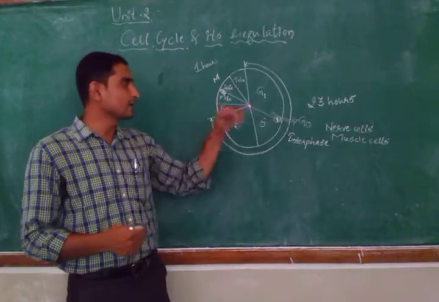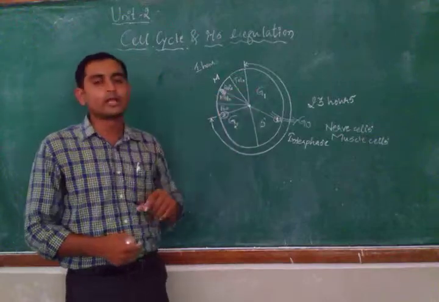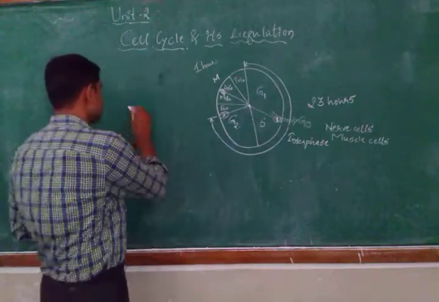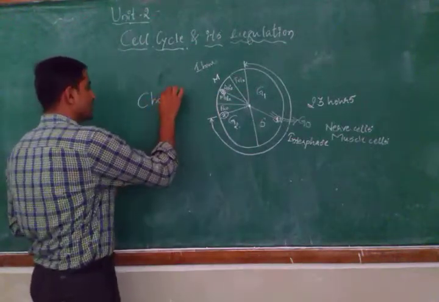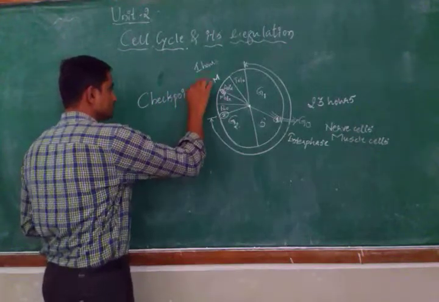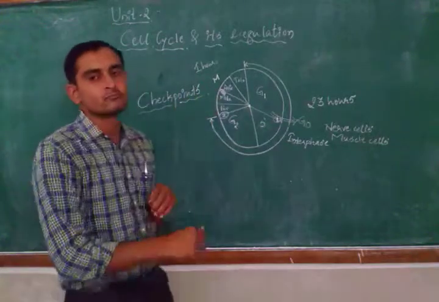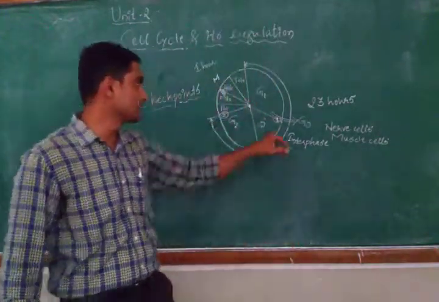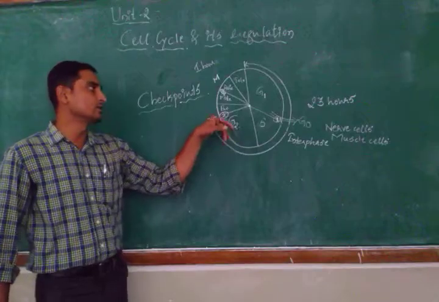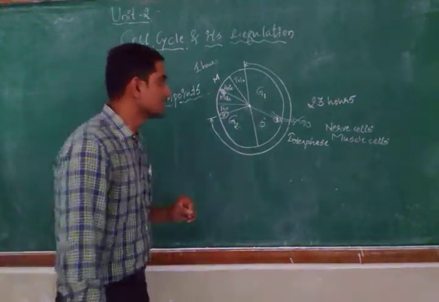So at three different points we have checkpoints. So these are called checkpoints. There are three checkpoints. One is G1S, second is G2 to M, and third is the metaphase to anaphase checkpoint.